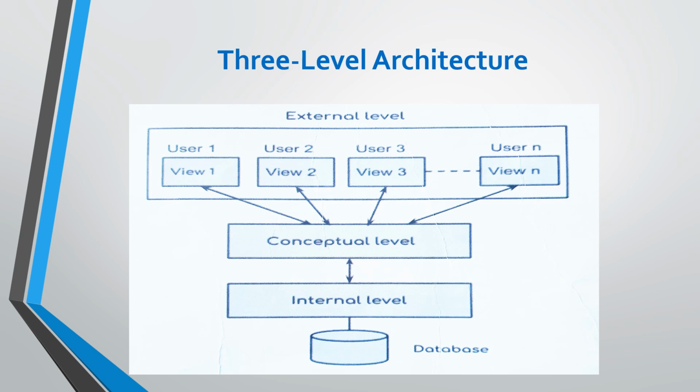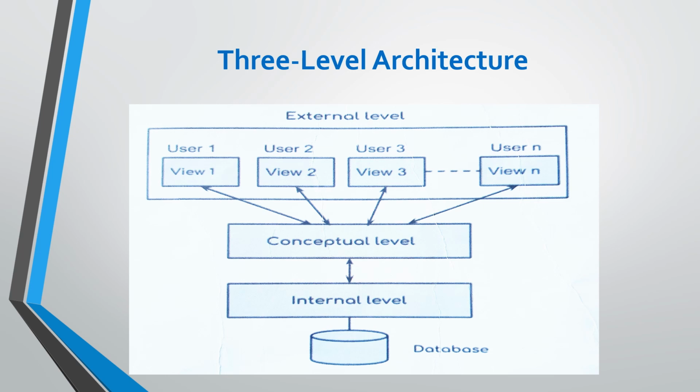This conceptual level describes what data is stored in the database and the relationships among those data, and gives a complete view of the user requirements without any concern for the physical implementation. So this hides the complexity of the physical storage structure. We can call it the logical level, and we can also call it the conceptual level.